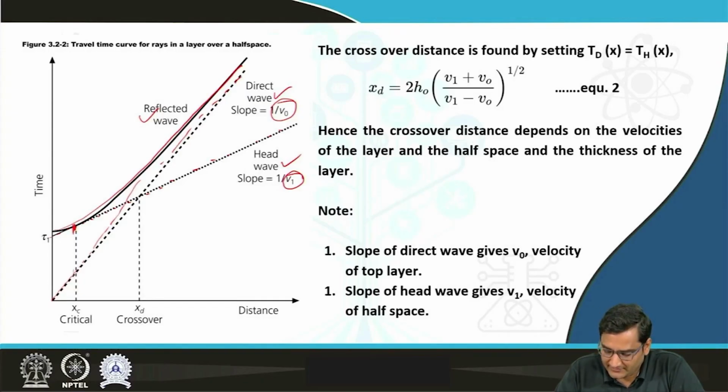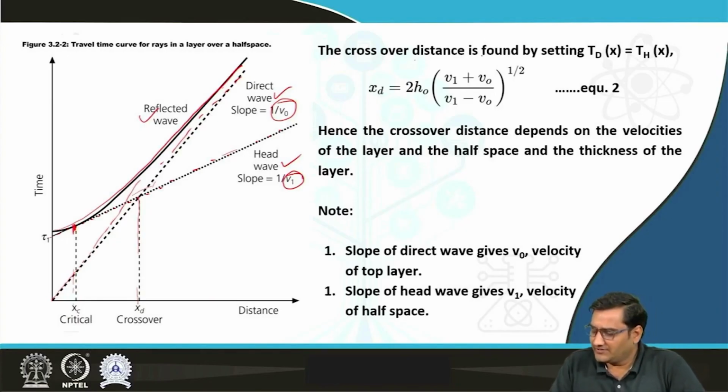The distance on the x-axis is known as the critical distance, and where the head wave intersects the direct wave, this point is known as the crossover distance, represented by xd. So the critical distance is represented by xc and the crossover distance by xd.